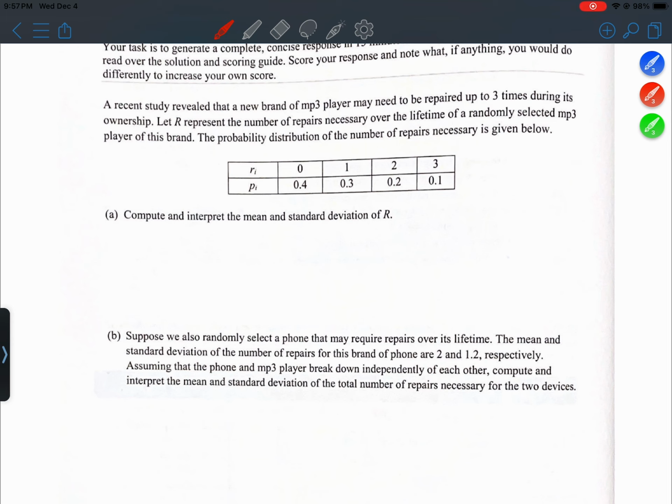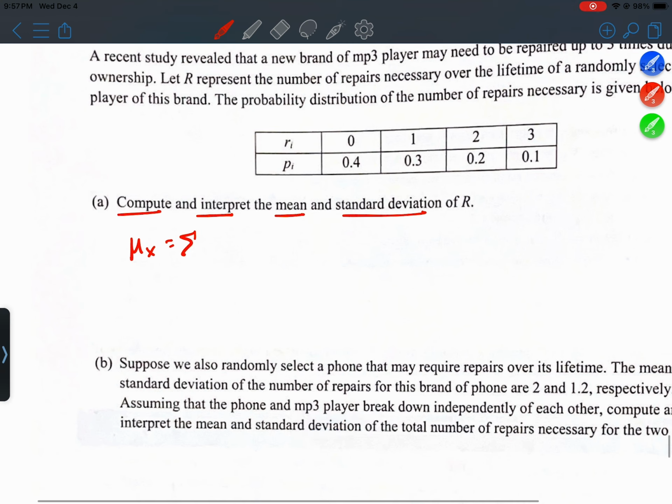Part A, compute and interpret the mean and the standard deviation of R. All right, so the mean we'll actually calculate by hand. College Board would expect you to do this. So it's the sum of each value times its corresponding probability.